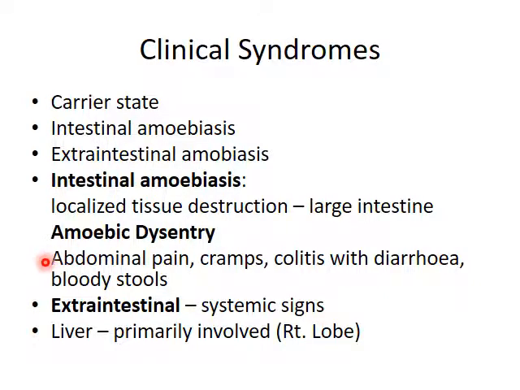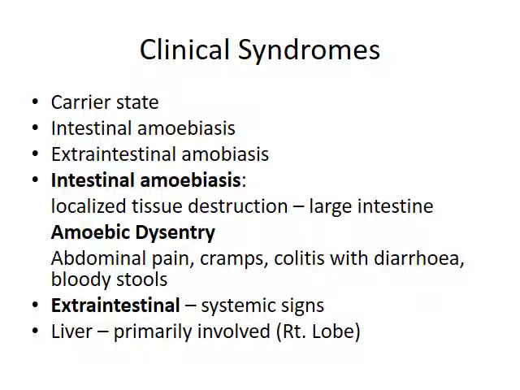In amoebic dysentery, the symptoms are abdominal pain, cramps, colitis with diarrhea and bloody stools. While extraintestinal manifestations are seen by some systemic signs, which depend on what site has been involved, and the most common extraintestinal site that is involved is the liver.